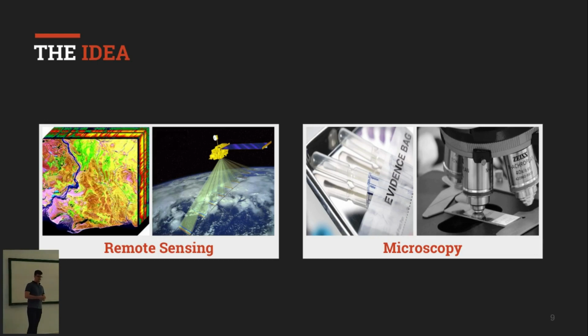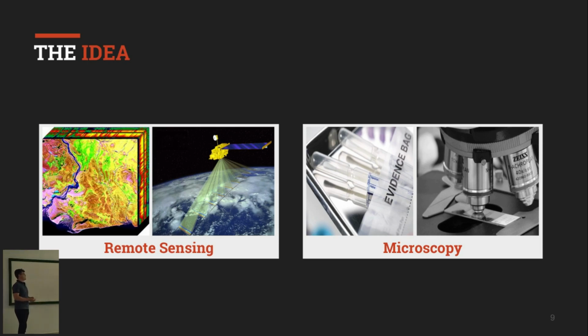is to merge remote sensing with microscopy. We know that the Innovision group has a good connection with Dr. Makato's group, which is designed to solve problems involving remote sensing. And I'm a little involved in a paper about that.